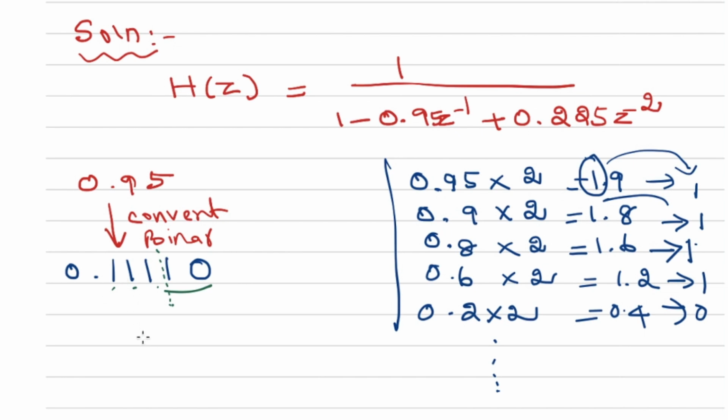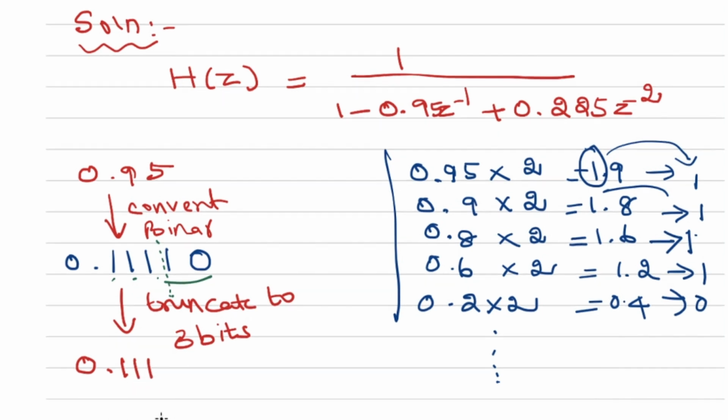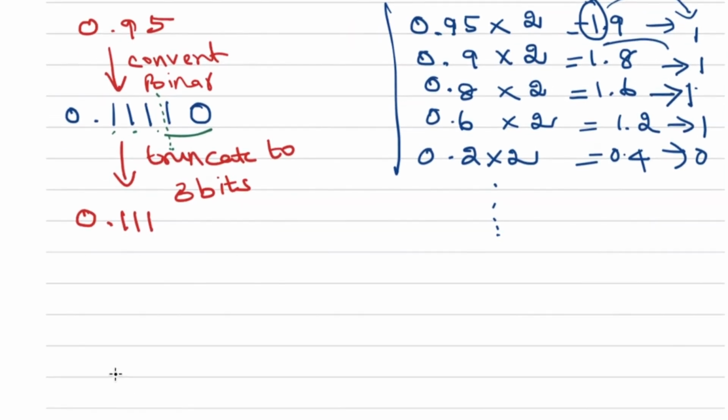So truncate to 3 bits. Truncation is nothing but the quantization. We are going to apply the quantization. So truncate to 3 bits means we are only having 0.111. Only the 3 bits.